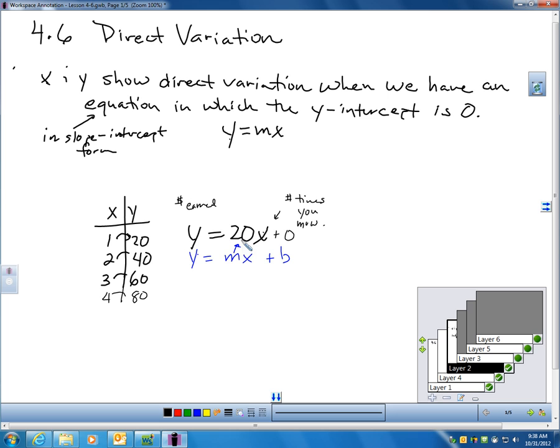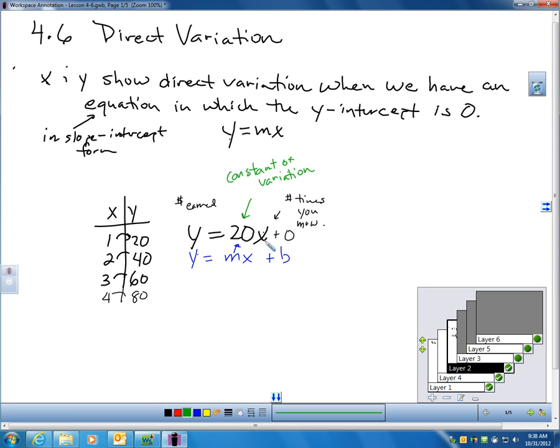Okay, this number here, 20, I'm giving you 20 bucks every time I mow the lawn. This number has a special name. It's called the constant of variation. In my lawn mowing example, the constant of variation is 20.